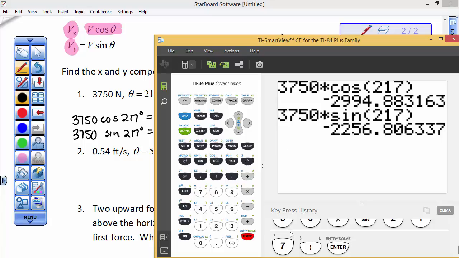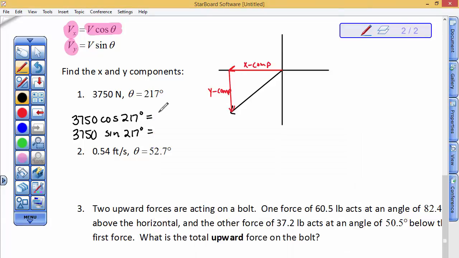So both cosine and sine in the third quadrant are negative. I'm going to try to remember these numbers: 2994 and 2256. They were both negative. I'm going to go back and see if I got them right.